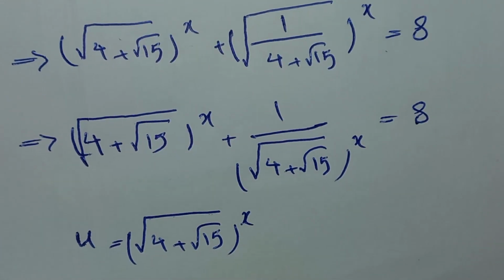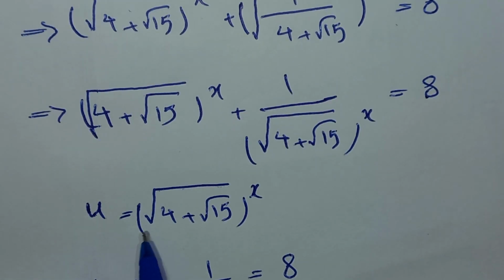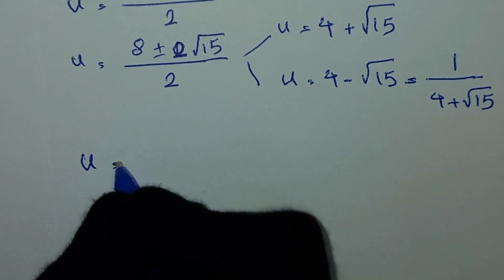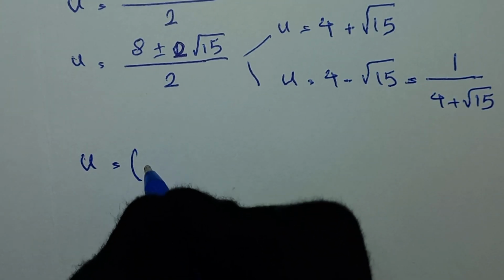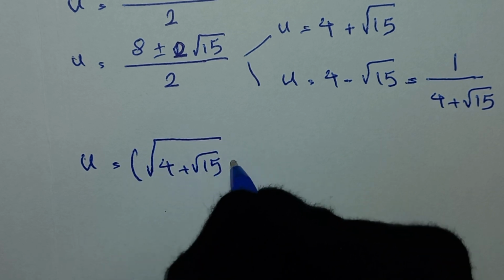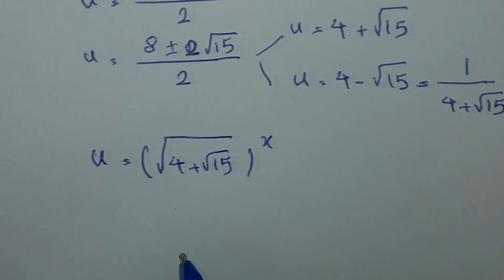And in here we let u is equal to square root of 4 plus square root of 15 to the power of x. So we write in here u is equal to square root of 4 plus square root of 15 to the power of x.